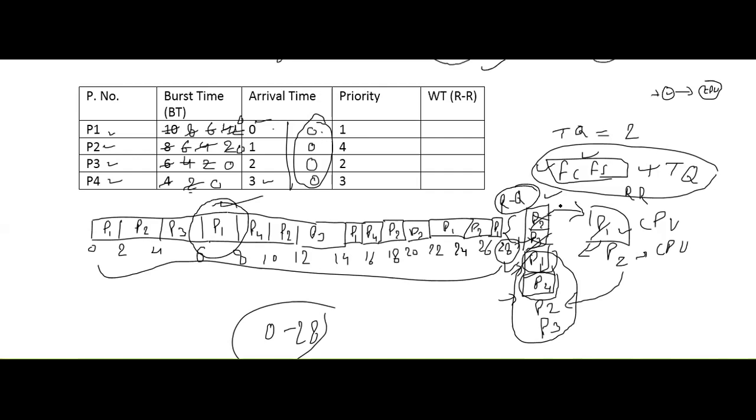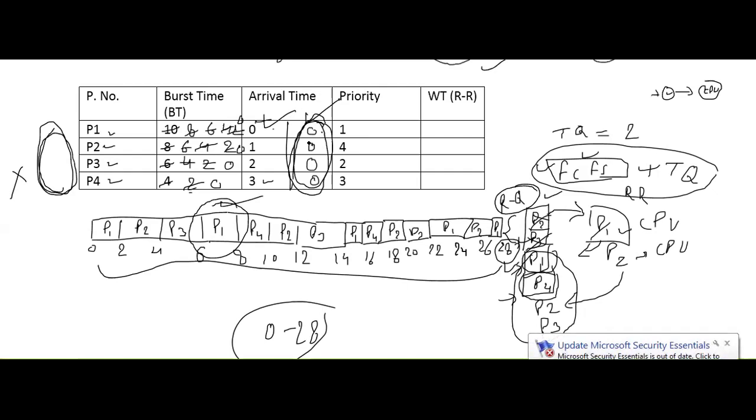So that's why, especially be careful once you read your Galvin book. In Galvin book, they have only given the example on the basis of arrival time 0 for all processes. Since all processes have 0 arrival time, definitely the round robin manner will be the same one: P1, P2, P3, P4, P1, P2, P3, P4, P1, P2, P3, P4. But when arrival time changes, then there will be changes.